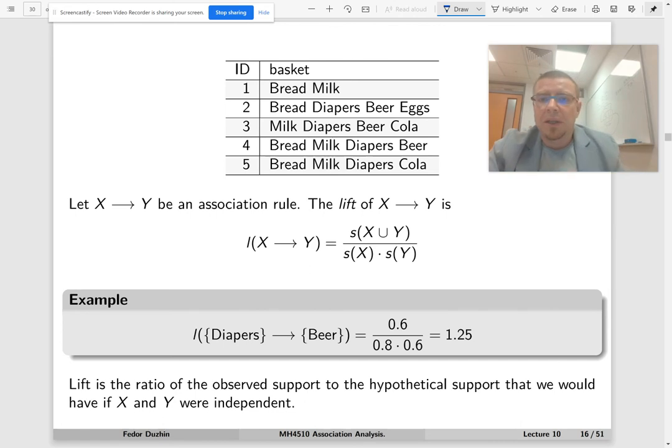So it measures the interdependence of X and Y, and the lift of the rule X implies Y is the same as Y implies X.